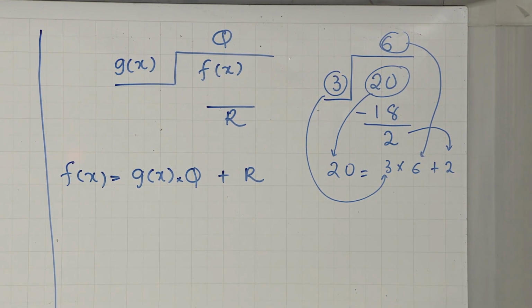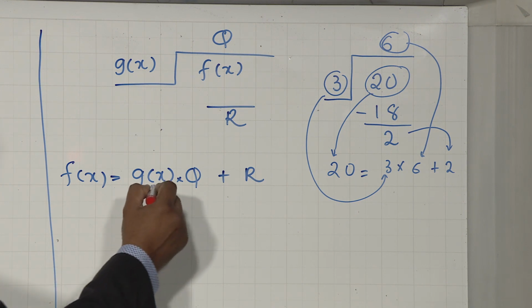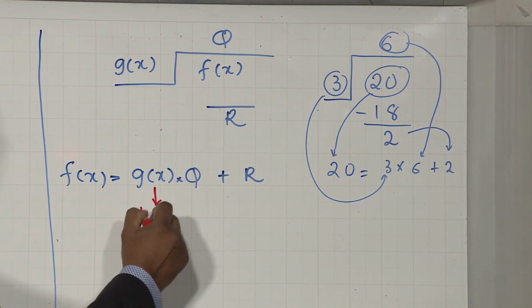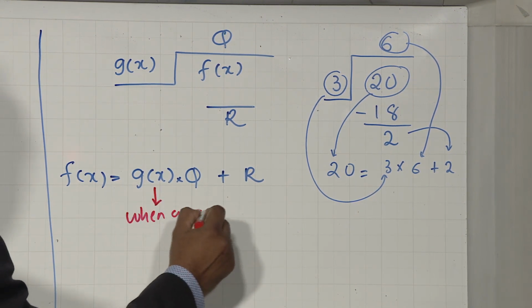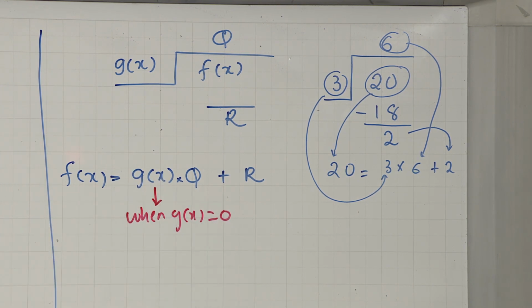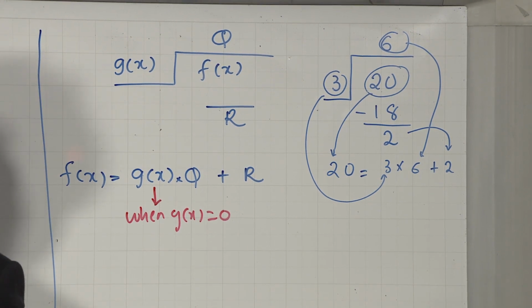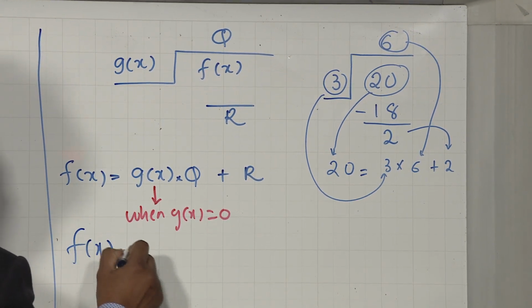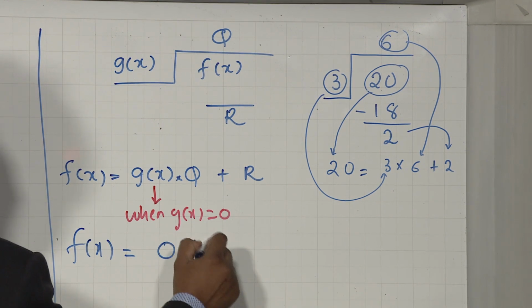Now, when g(x) is 0, that is, the divisor is 0, what happens? f(x) will be equal to 0 plus r.